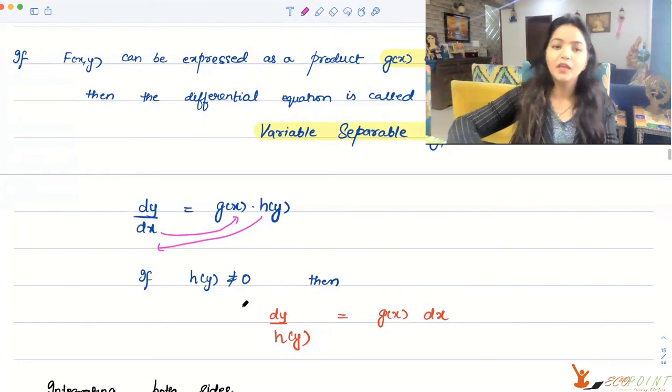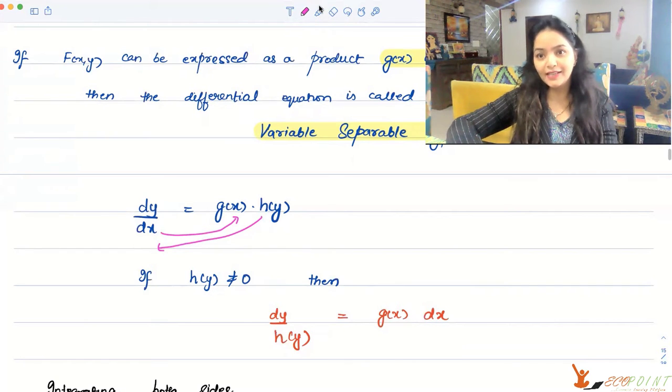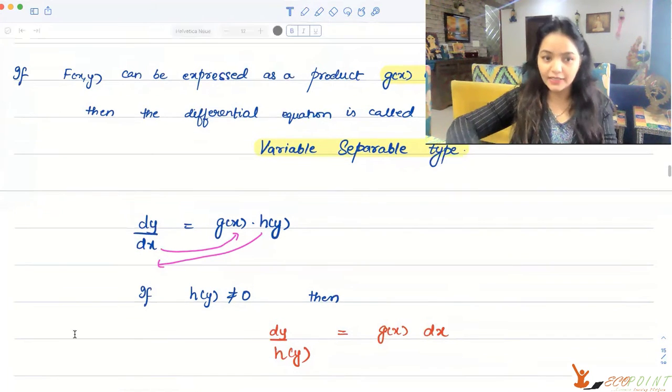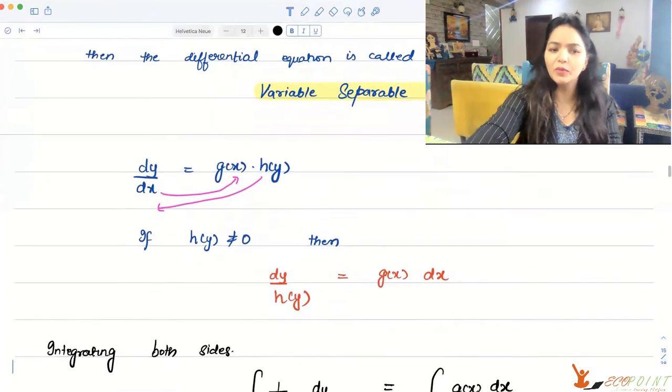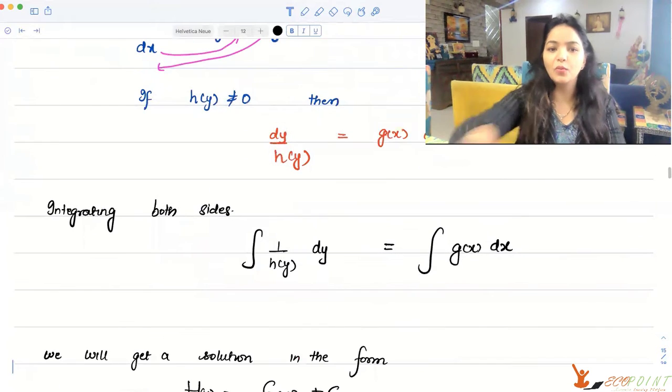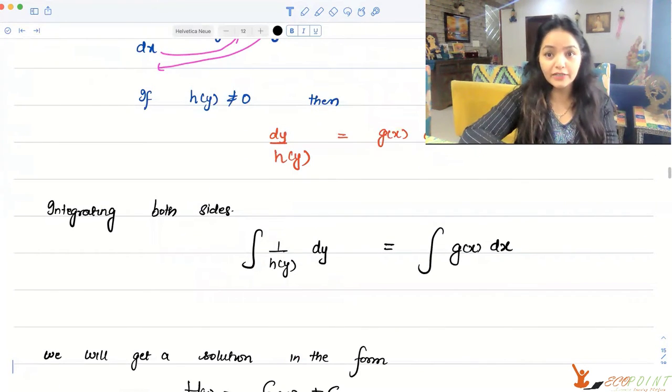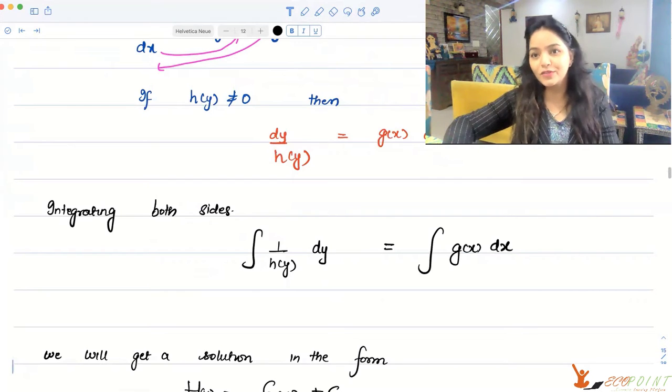Now, if you integrate on both the sides, then what will you get? On the left hand side you are integrating with respect to y, and on the right hand side you're integrating with respect to x.